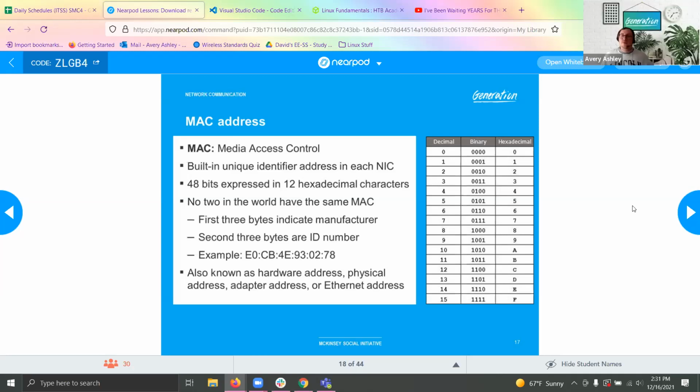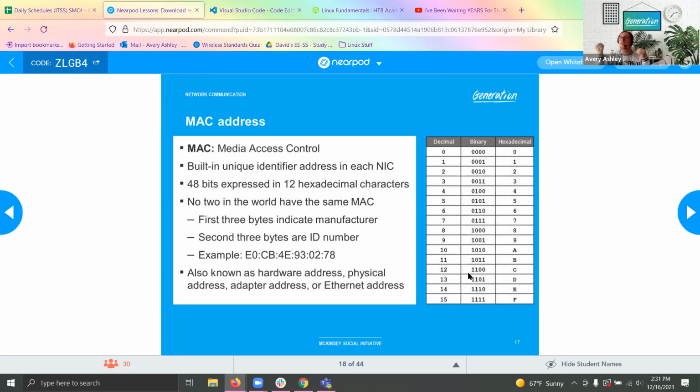Perfect, thank you. So our MAC address is our physical address for our devices. And so these MAC addresses are used when working with our local area networks.